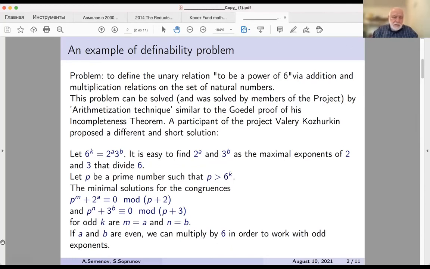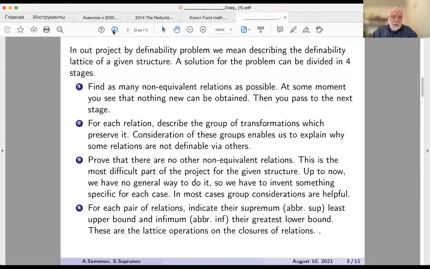So next, what we're going to discuss is that we actually use some general scheme for our solutions of definability problems. The definability problem itself is describing the definability lattice of a given structure, and the lattice consists of all what we call definability spaces, all the relations definable through some set of relations.